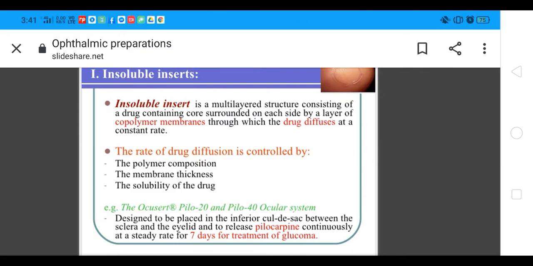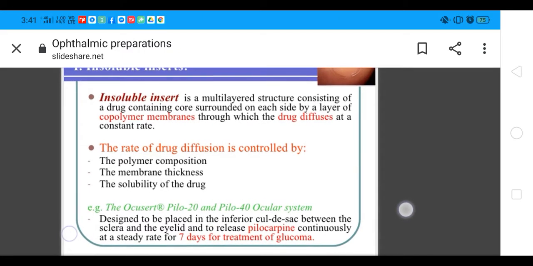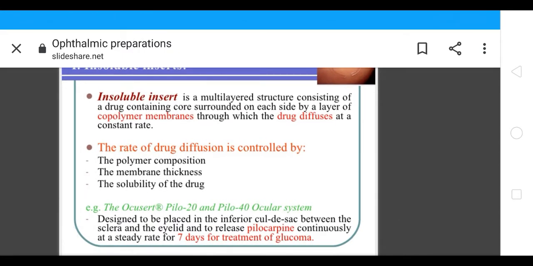Now, Ocuserts are available in the market as Ocusert Pilo 20 and Pilo 40 ocular systems. The meaning of Pilo 20 and 40 is that Pilo 20 delivers 20 microgram per hour of the drug, and Pilo 40 delivers 40 microgram per hour of the drug, and specifically Pilo stands for pilocarpine.